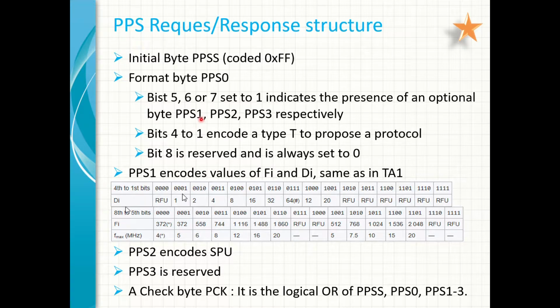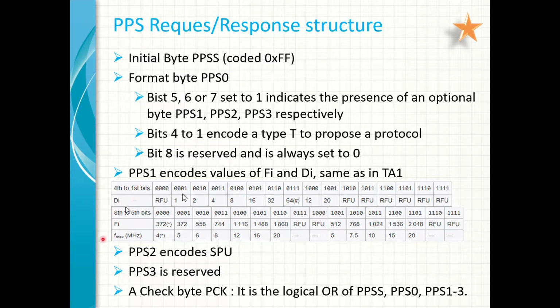So the PPS0 byte is used to code which other bytes will be found in the structure. So these are the PPS1, the PPS2, and the PPS3. Like I said, it is used to negotiate values, and the values are coded in PPS1. These are the FI and the DI values, which are coded the same as in the TA1, as we saw in the other video on the answer to reset.